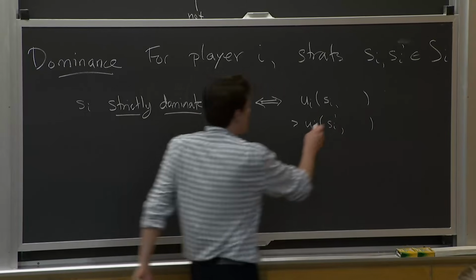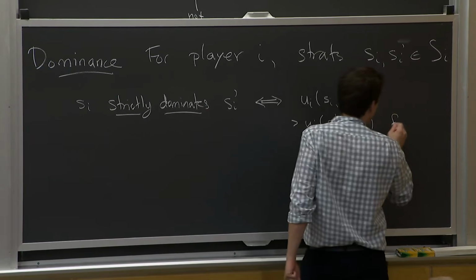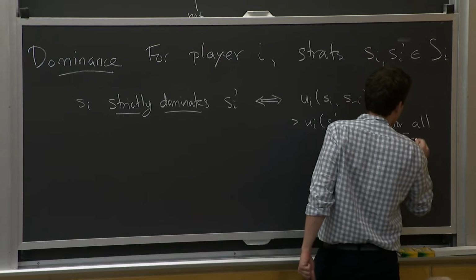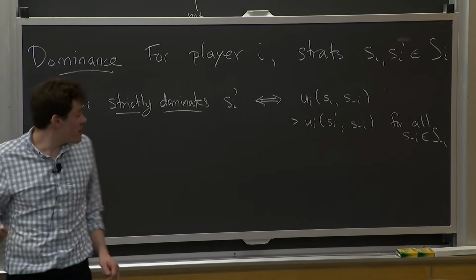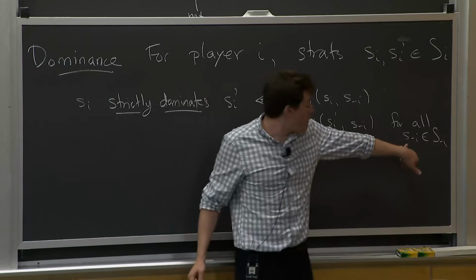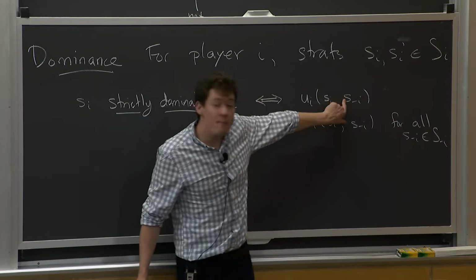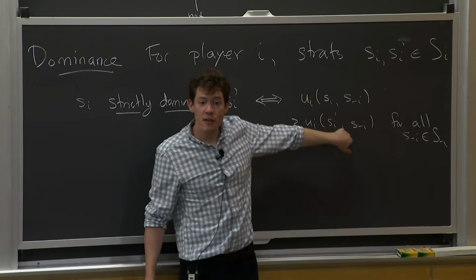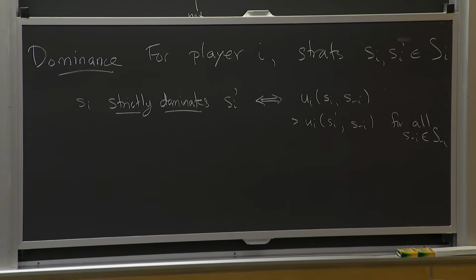So we're going to fill in S-I here and S-I here. And we want this to hold for all S-I. So notice the key point here. S-I can take any possible value. But in the inequality, the same S-I appears on both sides. So fixing the way that my opponent is playing, I strictly prefer to play Si to playing Si prime.